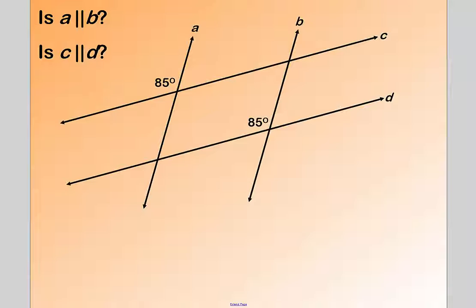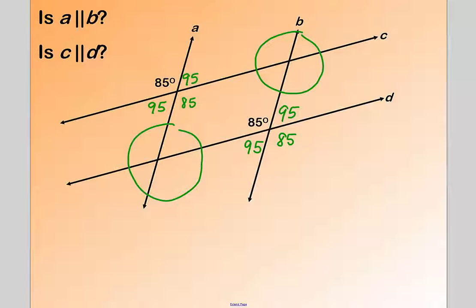Okay. I'm going to fill in all of the information that I can using vertical angles and linear pairs. That's it. I know nothing about this group of angle pairs over here or this group down here.